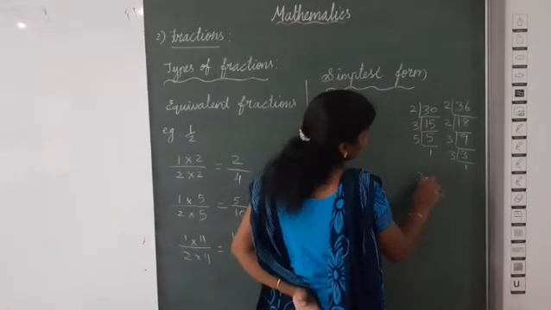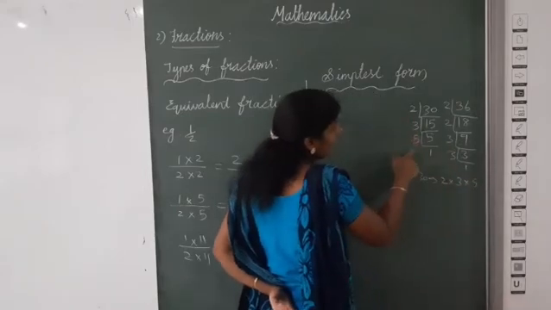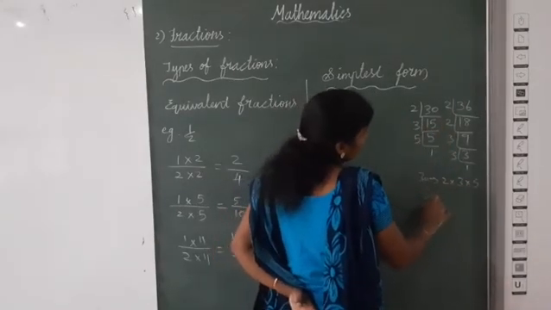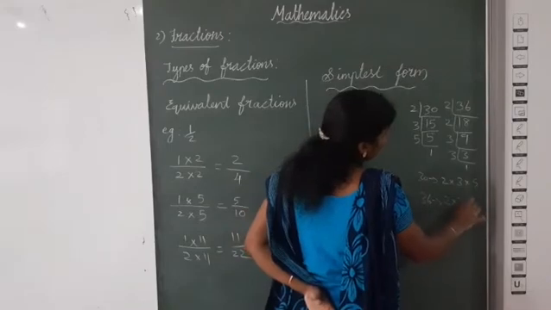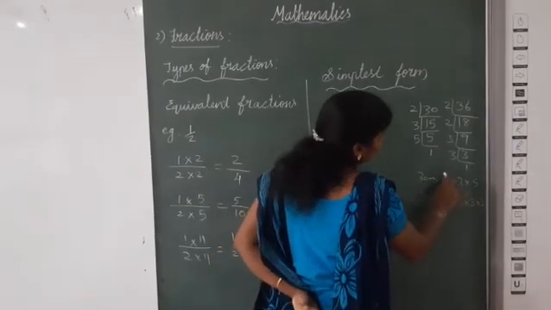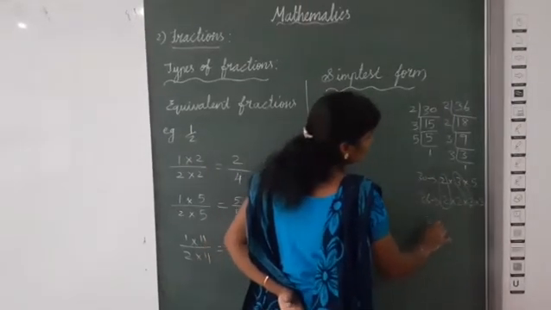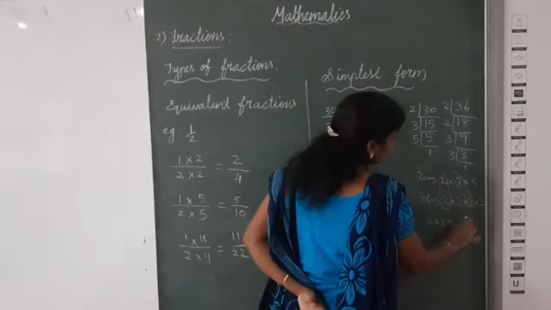Here 30 means 2 into 3 into 5. 36 means 2 into 2 into 3 into 3. What are the common factors? 2 and 3. 2 into 3 is equal to 6.